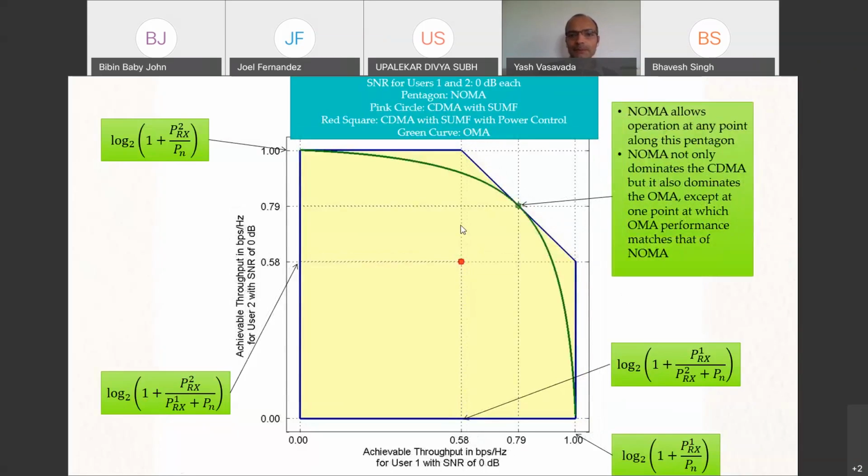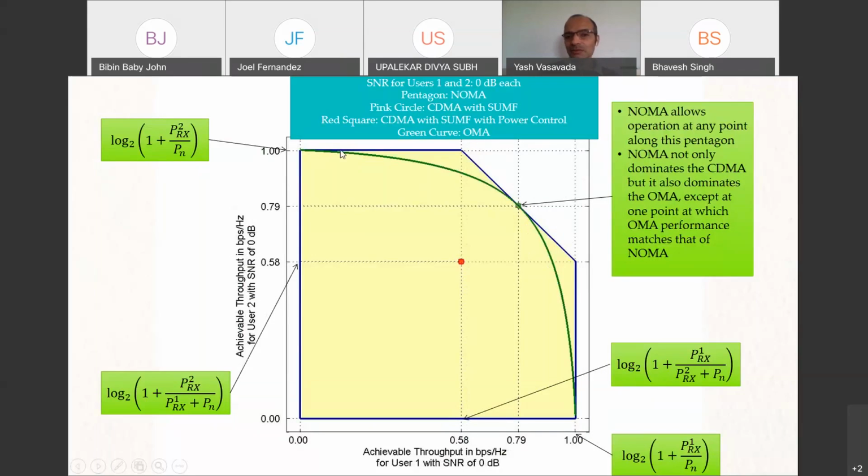What about OMA? The OMA formulation I have already given you earlier. There, because of that alpha multiplier, the overall system capacity points trace out this type of curve.